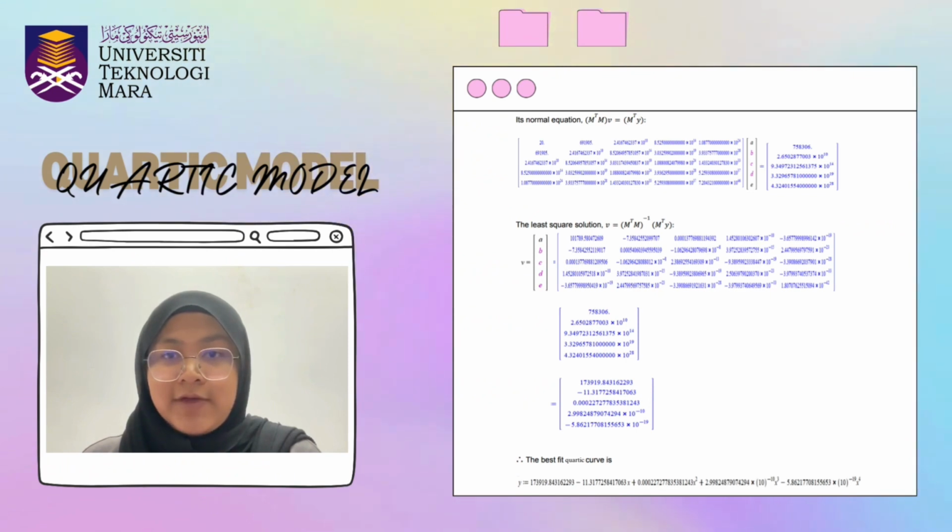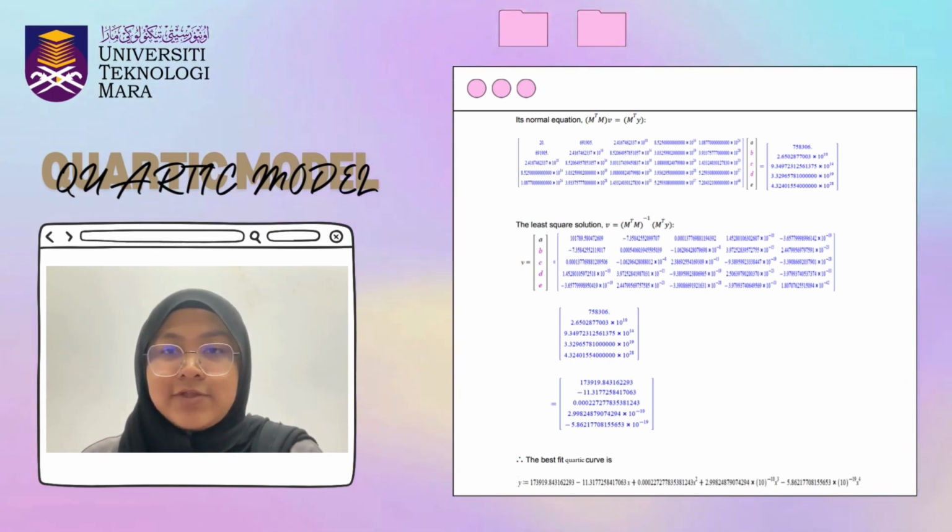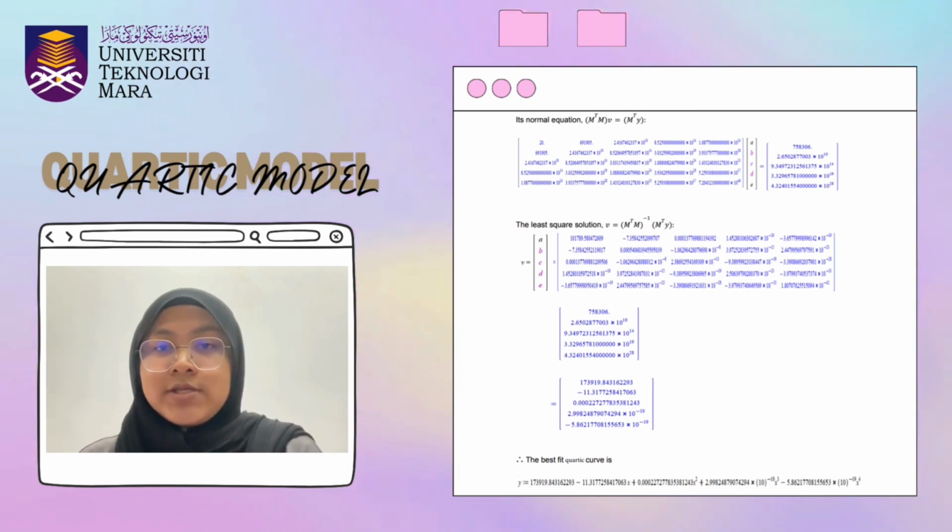Then we calculate the M transpose M inverse in Maple to use in the least square solution to find the best fit quartic curve. The best fit quartic curve is y equals 1739.19843 minus 11.317725x plus 0.000227x squared plus 2.99824879 times 10 to the power of negative 10 x cubed minus 5.86217708 times 10 to the power of negative 19 x to the power of 4.